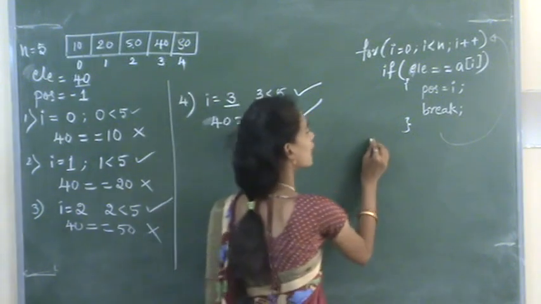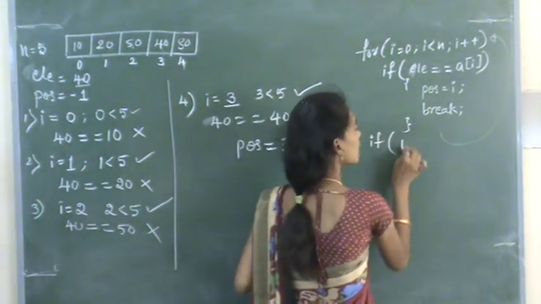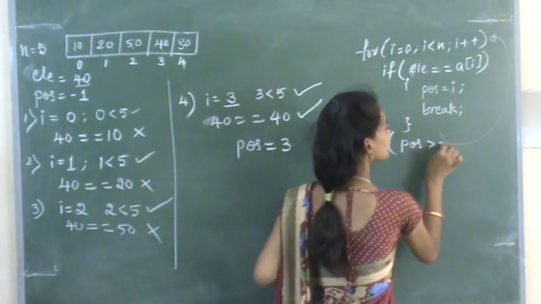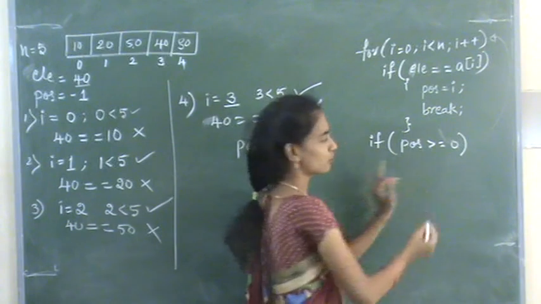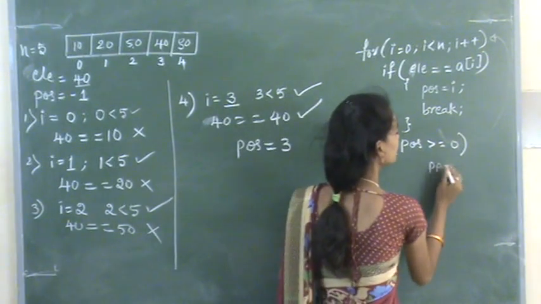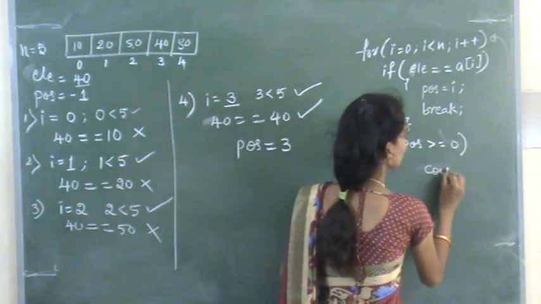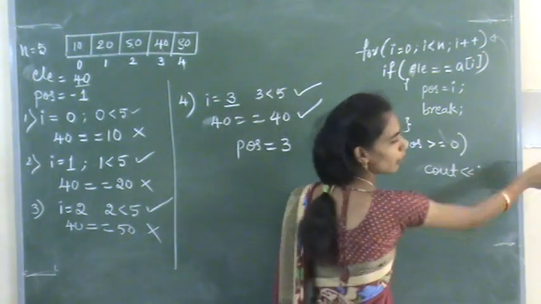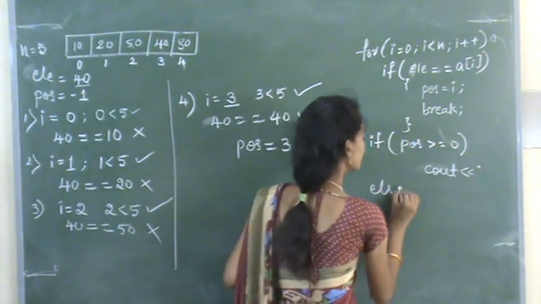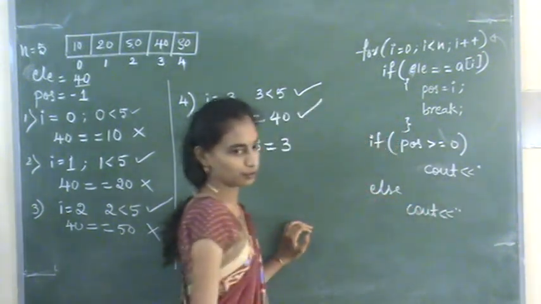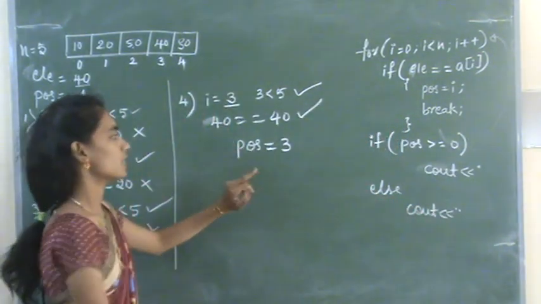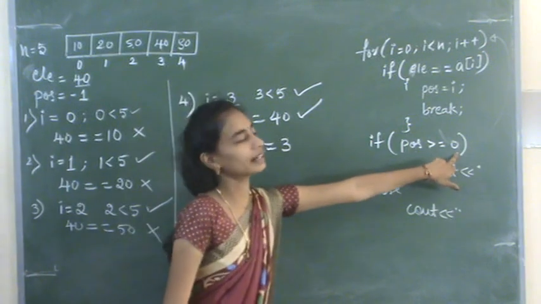Again after this we have an if condition, position greater than or equal to 0. If it is greater, print. We have a print statement. Else we have another print statement, that is unsuccessful search. Now check the condition. Position is greater than or equal to 0.